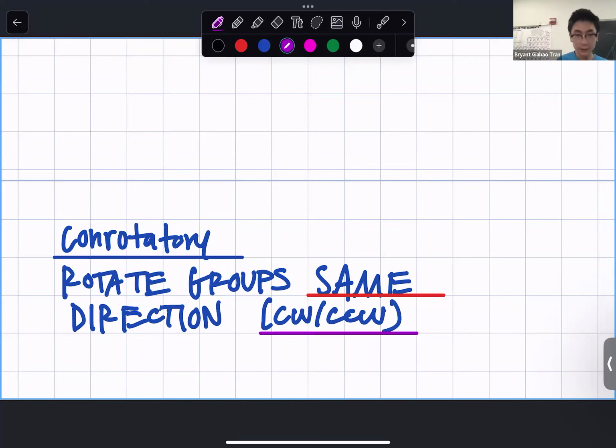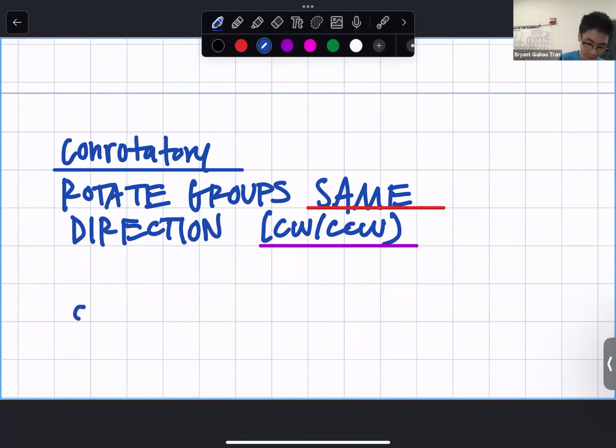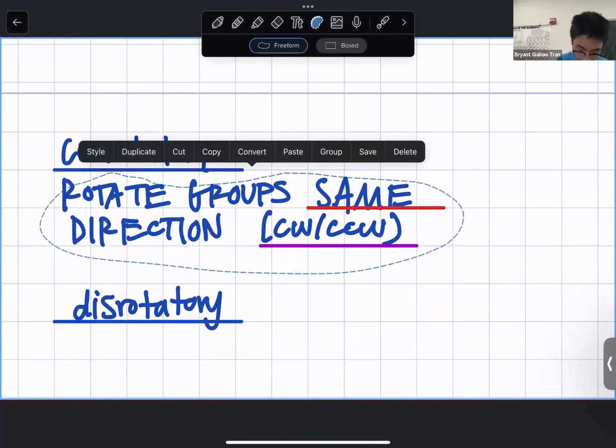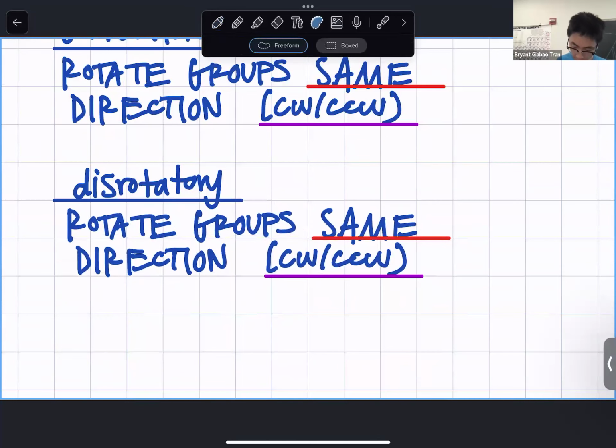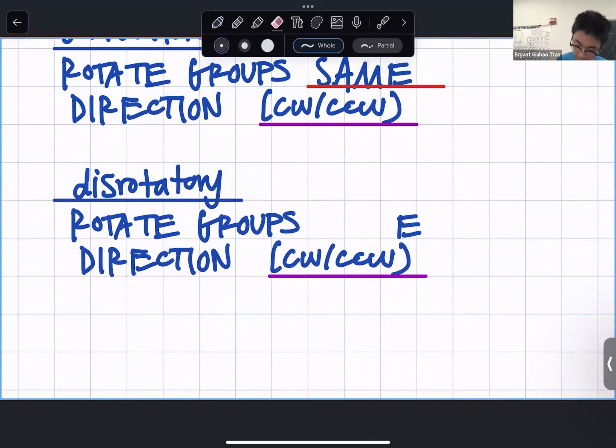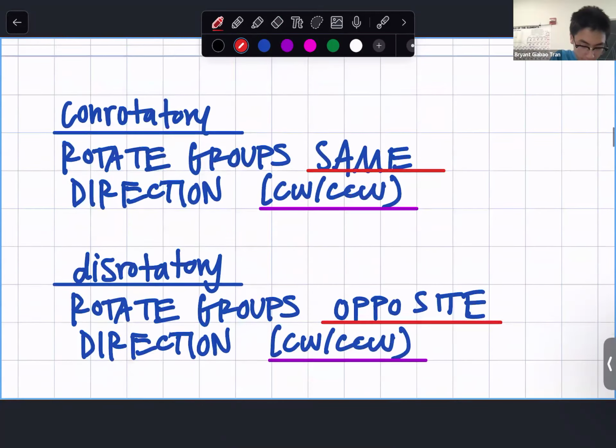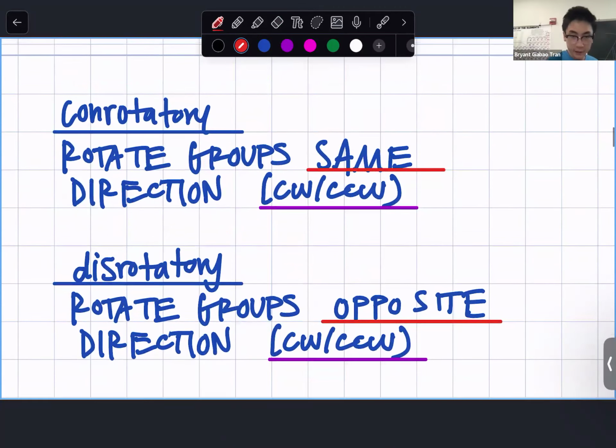Okay. So disrotatory would be the opposite of conrotatory, where the groups are going to rotate in the opposite direction. So if one group rotates clockwise, the other group would have to rotate counterclockwise if they are going to rotate in this disrotatory manner.